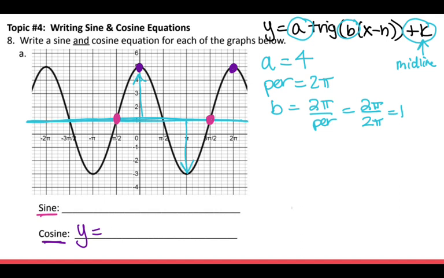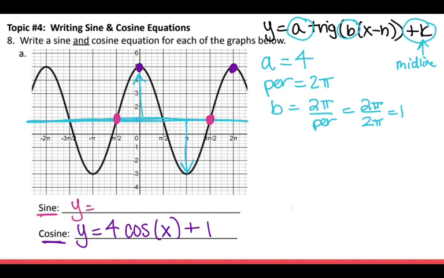So I'm going to do my a, which is 4, cosine. My b was 1, so I don't necessarily need to have this written there. So I'm just going to go straight to x. And then h is my horizontal shift. So normally cosine is on my y-axis, and this one is on my y-axis, so there is no horizontal shift. So I can just do cosine of x, and then plus where my midline is, which in this case is 1.